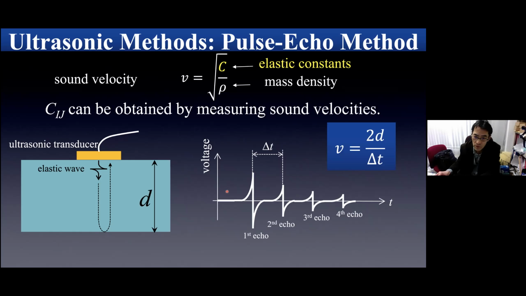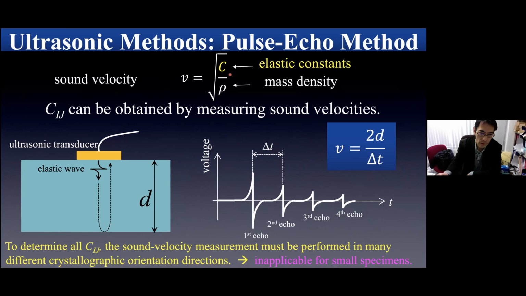Then we will see a train of pulse echoes like this. This is the first echo, second echo, third echo, fourth echo, and so on. From the round trip time, delta t, it is possible to determine the sound velocity. Because we know the thickness of the material, we can calculate the sound velocity and then the elastic constant. So this is the pulse echo method.